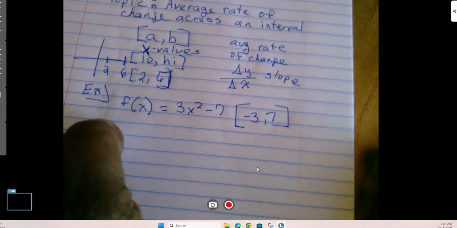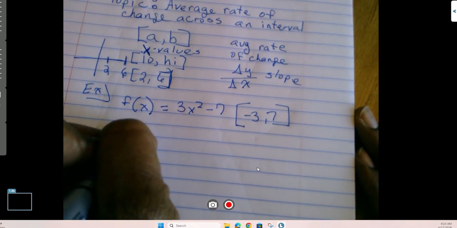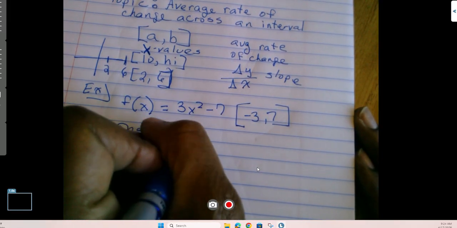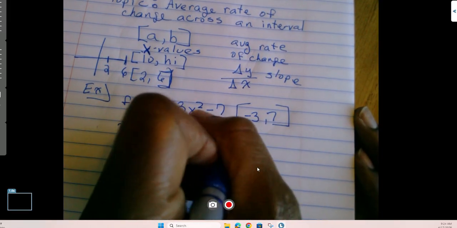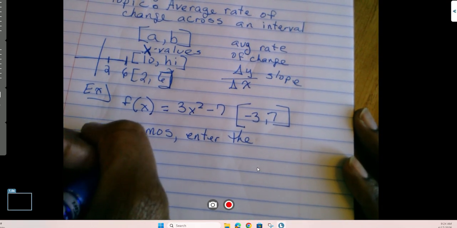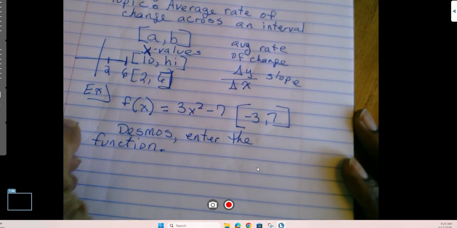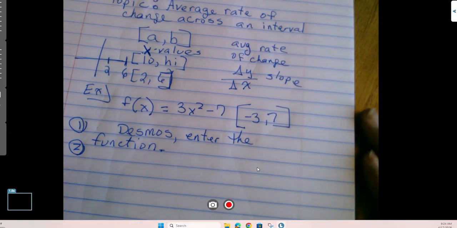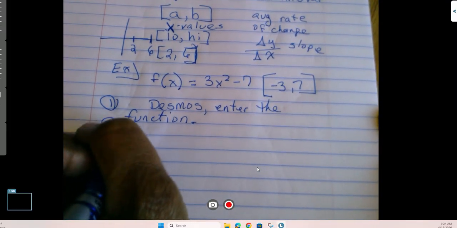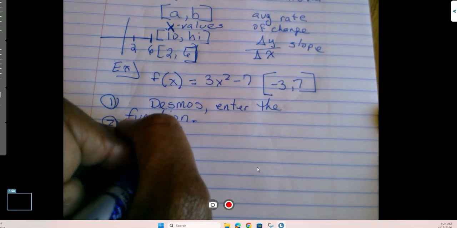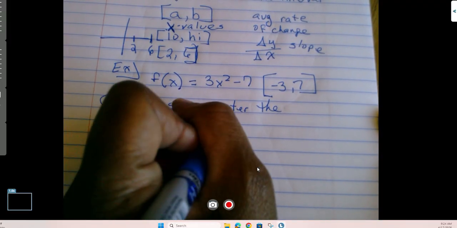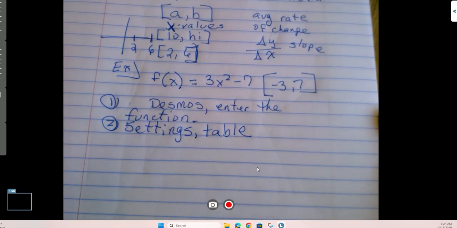I know that I go to Desmos and I enter the function. Once I enter the function, I am going to press settings and then table.